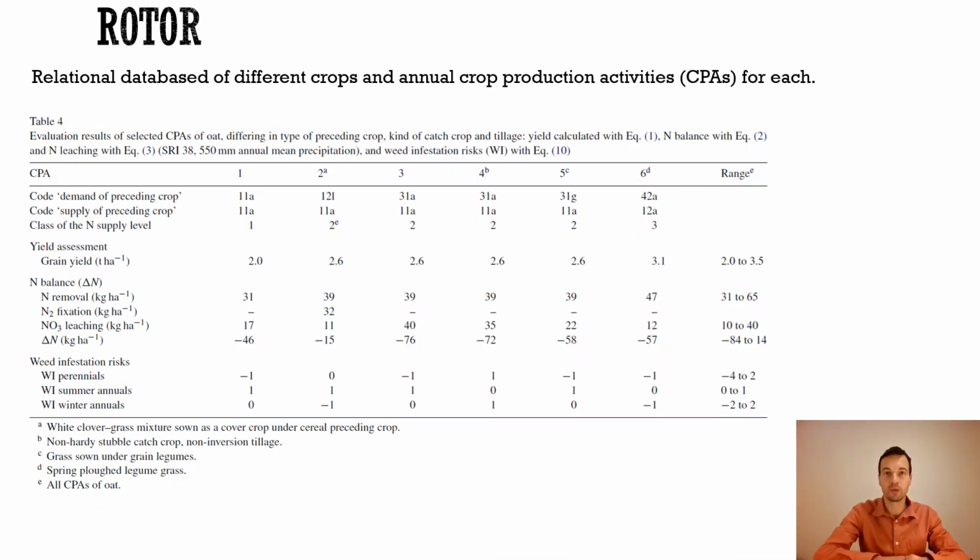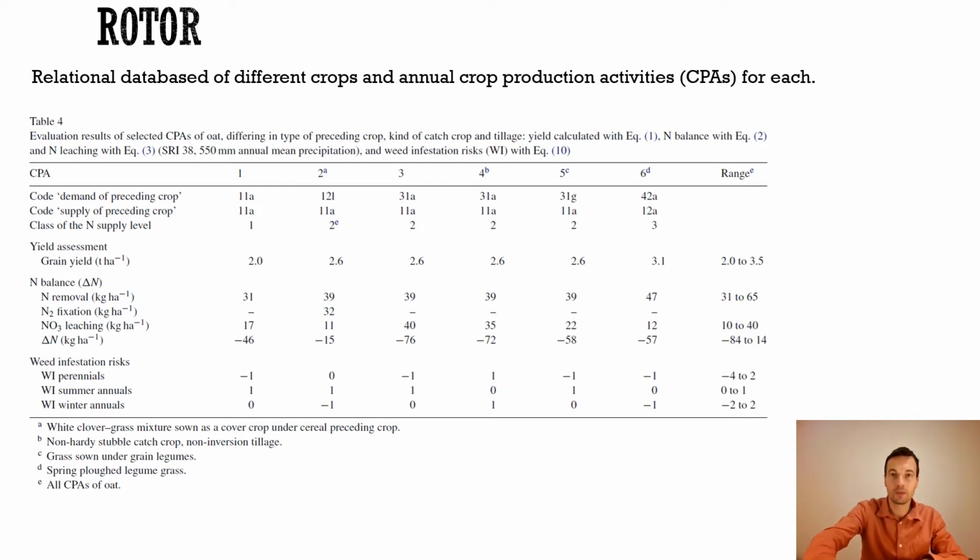The algorithm utilizes information from the database of all relevant crops, recorded separately with inputs and outputs, machinery and timing. Different annual crop production activities are included for each crop according to the type of crop preceding and the field operation following, such as ploughing or non-inverting tillage, undersowing crops, using catch crop, manuring, straw harvesting, or mechanical weed control.